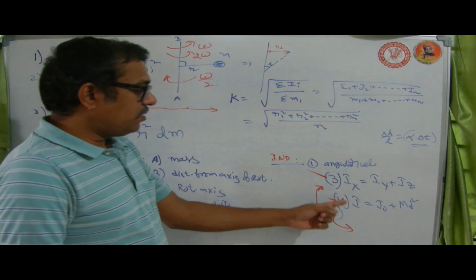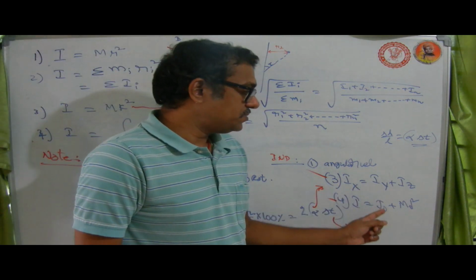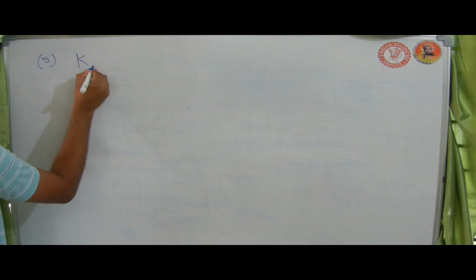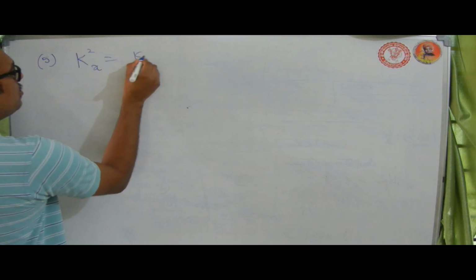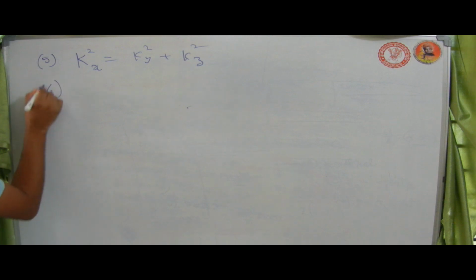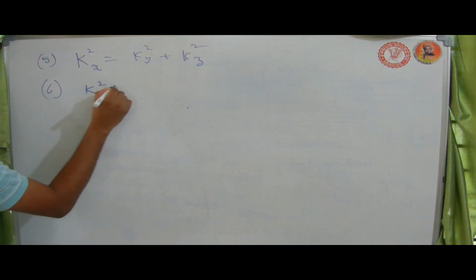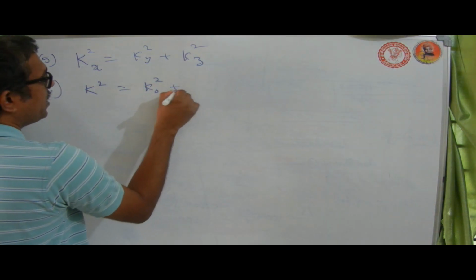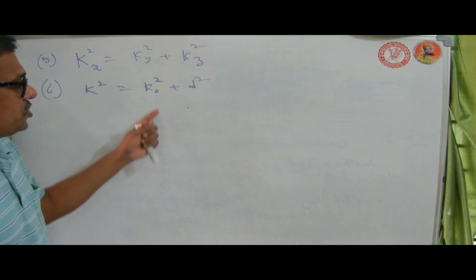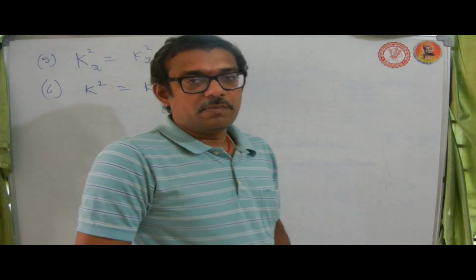Any formula based question for conversion of systems can be given in the examination. Next, the fifth important point is kz square is equal to kx square plus ky square, and the sixth important formula is k square is equal to k naught square plus d square.